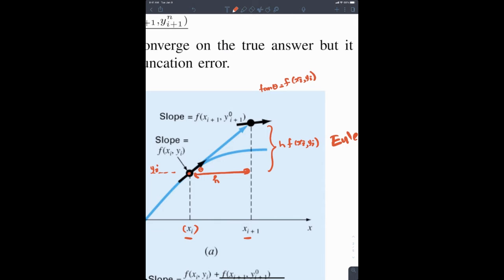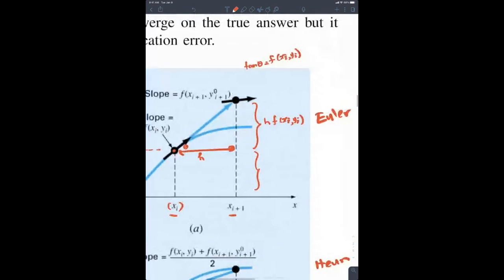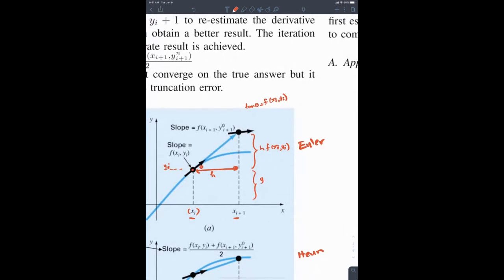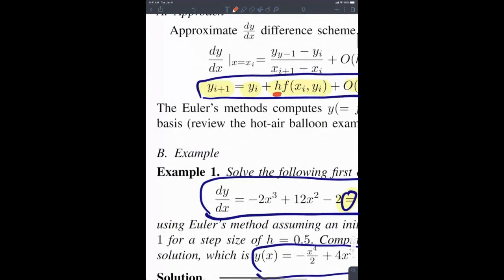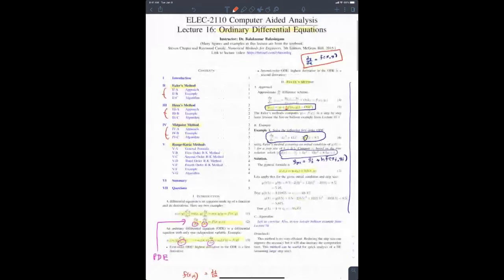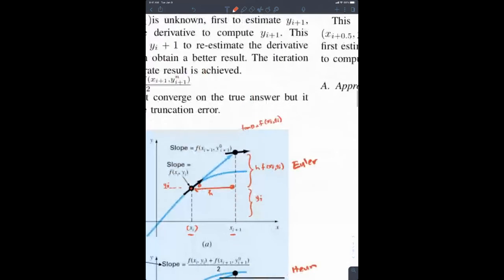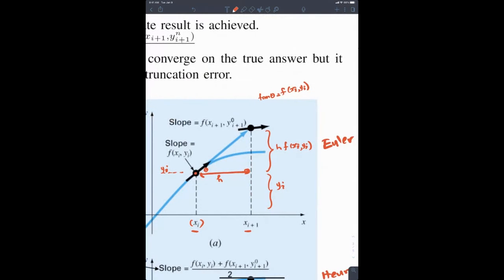So h tan theta is that height, and this height is y i, right? That is why Euler's method is y i plus, if you look here, y i plus h f(x i, y i). You know, we can use geometry to prove that. So that's a very intuitive approach that we used even before.